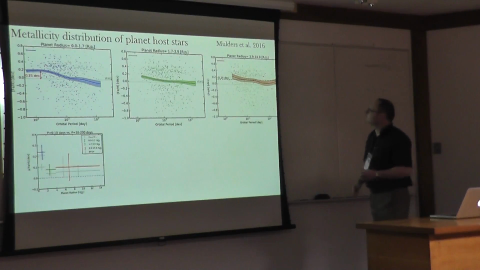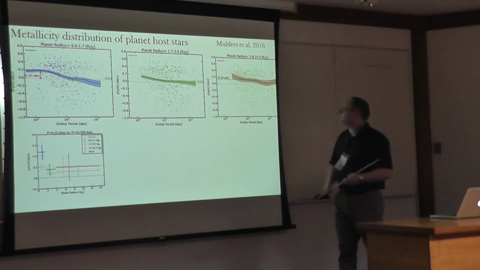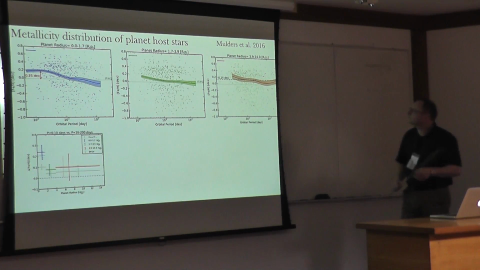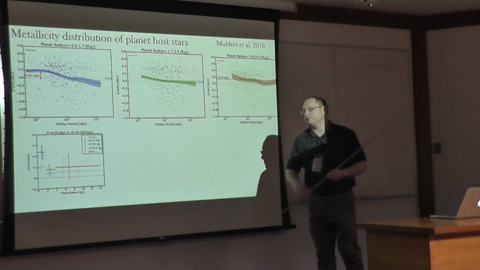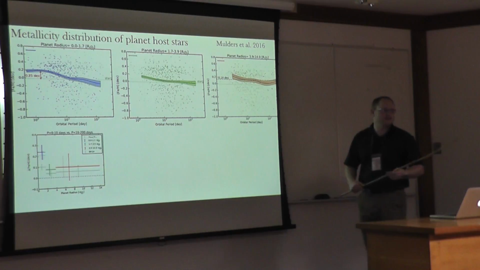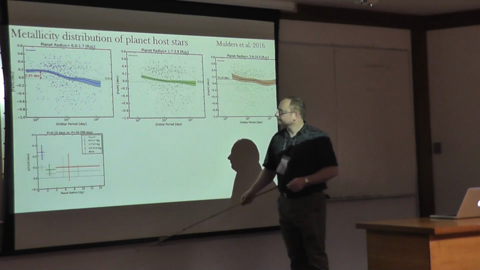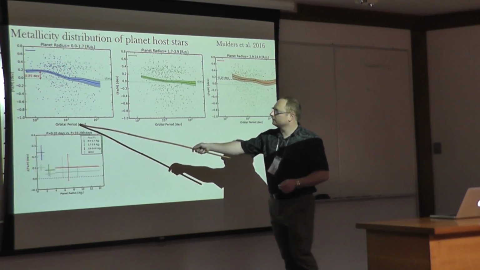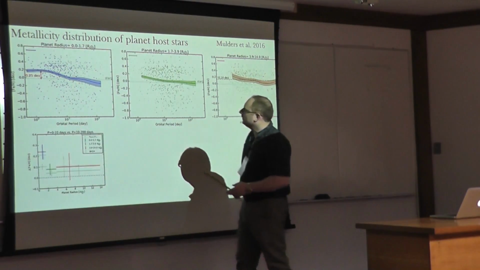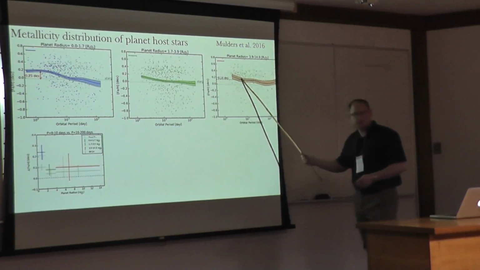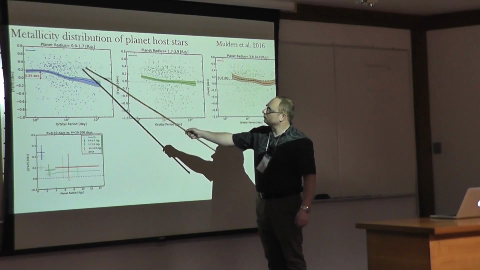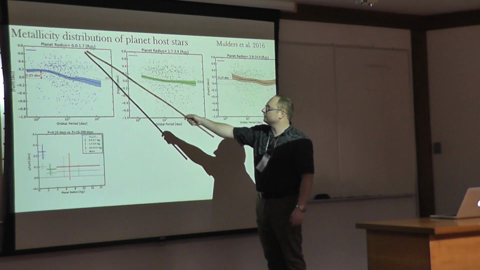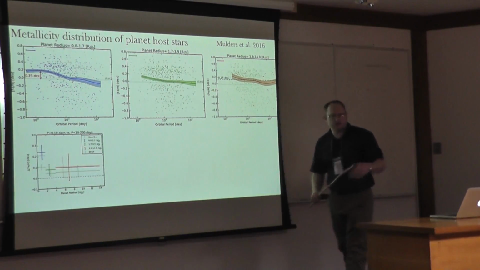However, there was just some work a month ago or so, maybe a couple of months ago, by Mulders et al., who threw maybe a spanner in the works in this kind of idea of what this could mean, in the sense that when you look at orbital period against metallicity for different planetary radii, in this case, when you get down to the smallest planets, 0 to 1.7, so this is probably the kind of rocky regime.